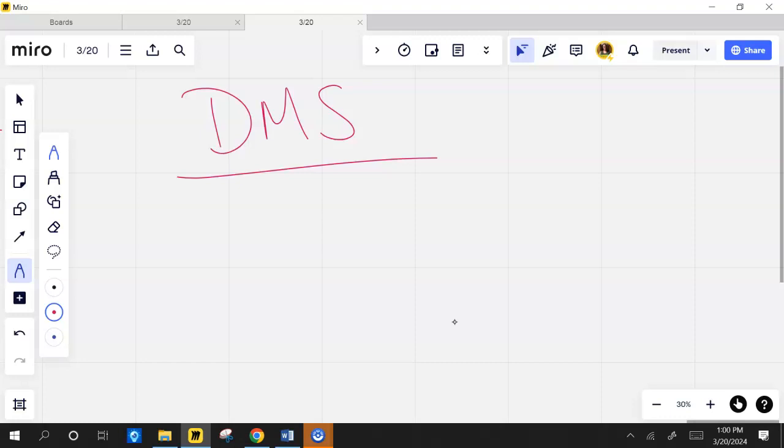All right, DMS. DMS is how we measure latitude and longitude.